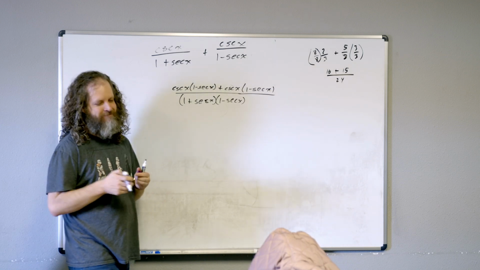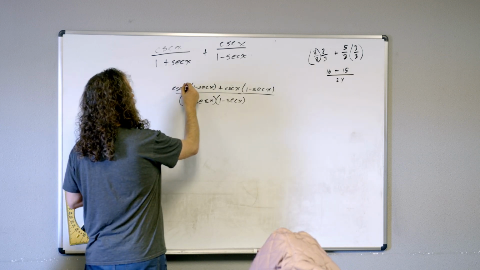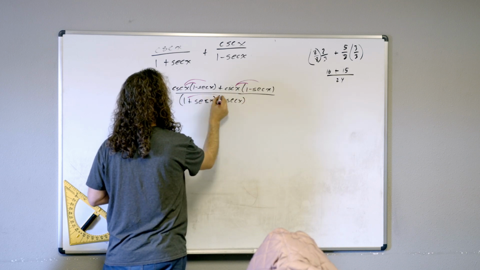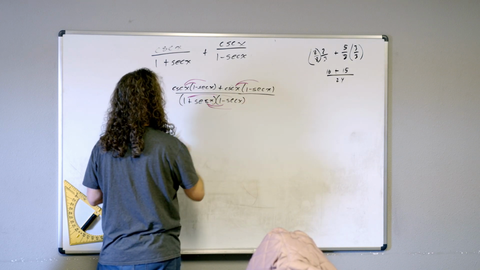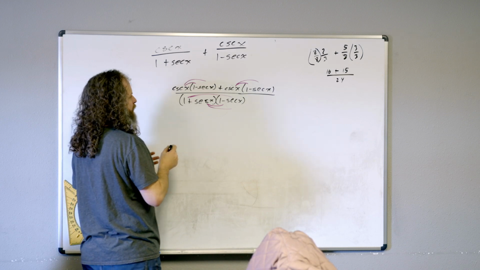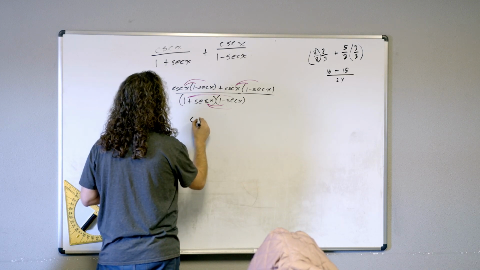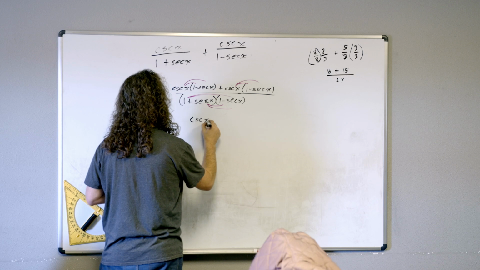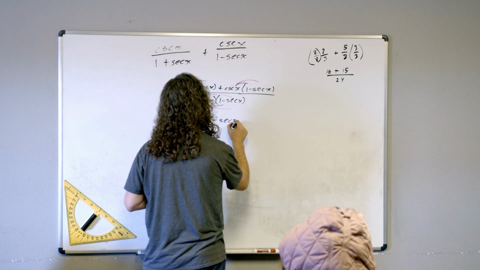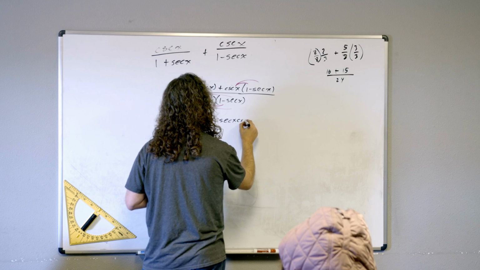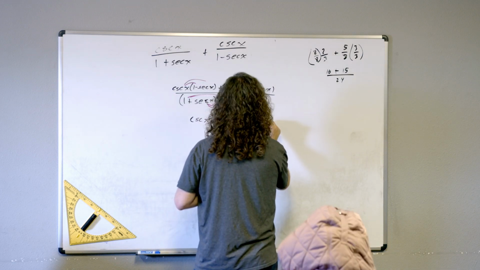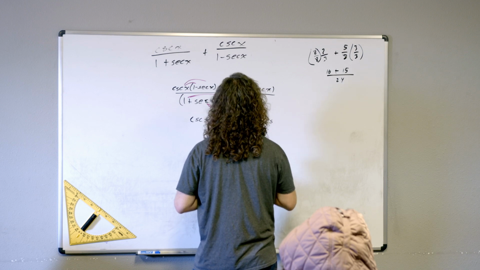Now what do we do? Expand out the bottom. Multiply. Distribute. What's cosecant times 1? Cosecant. Why do you have cosecants on the bottom?